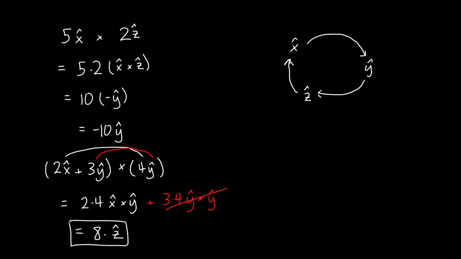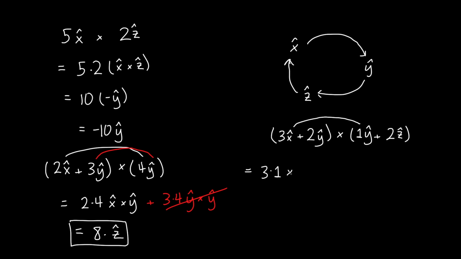Finally, let's just do one more example, a little more complex. Let's say 3x hat plus 2y hat. We want to cross this vector with, let's say, 1y hat plus 2z hat. And so now, because we've got two components here and two components here, there's going to be 4 total terms. And so the first one is going to be our 3x cross 1y, so 3 times 1 x hat cross y hat.